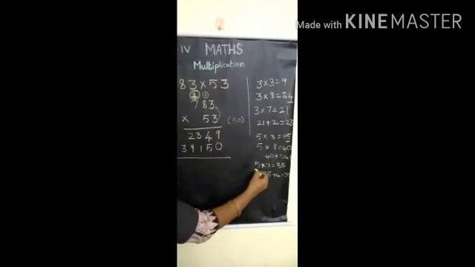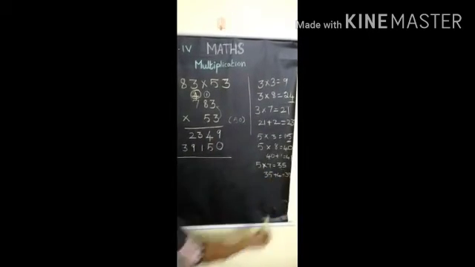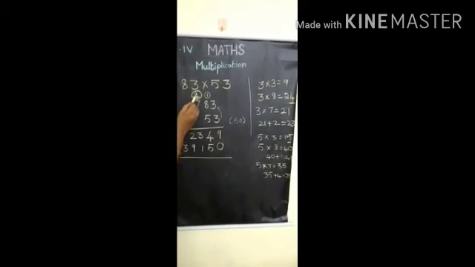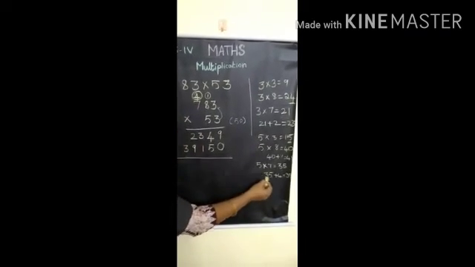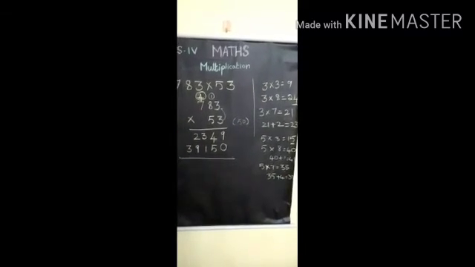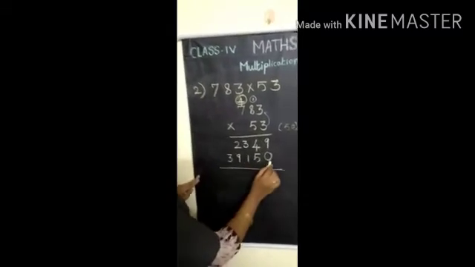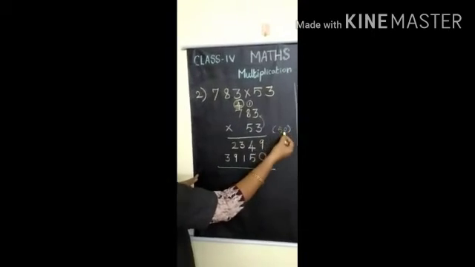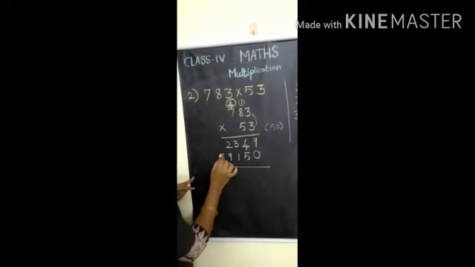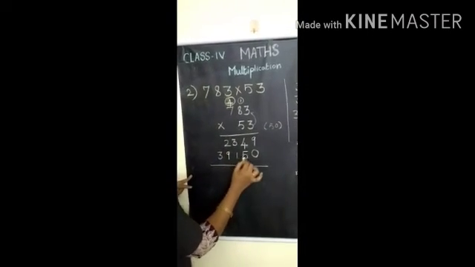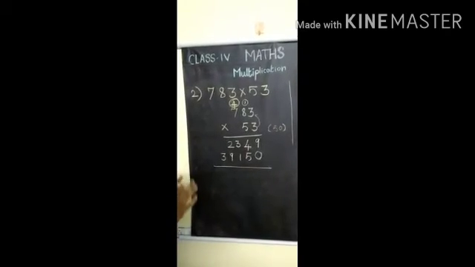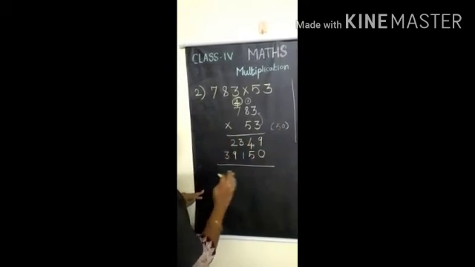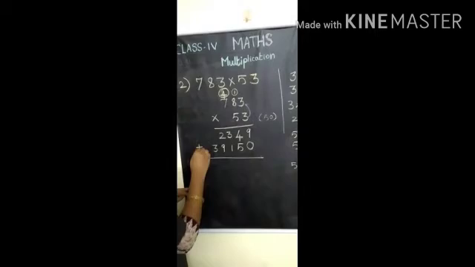Then 7 5s are 35. Already we have 4, so 35 plus 4, 39. So 783 multiplied with 50, the answer is 39,150. Okay, now you add all the products we get.